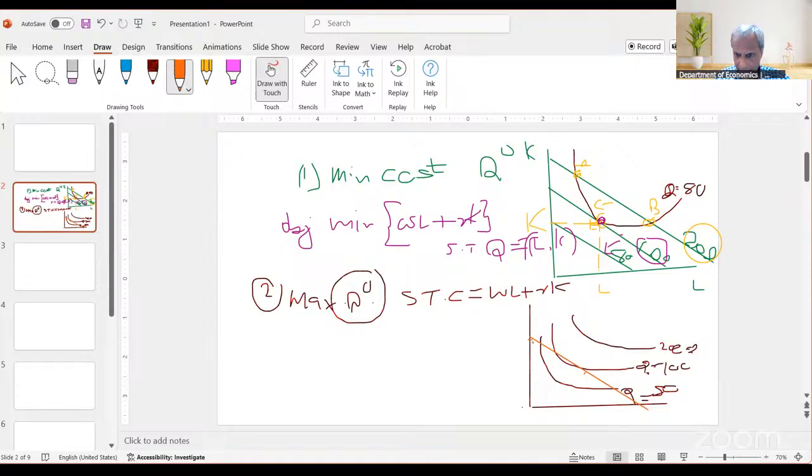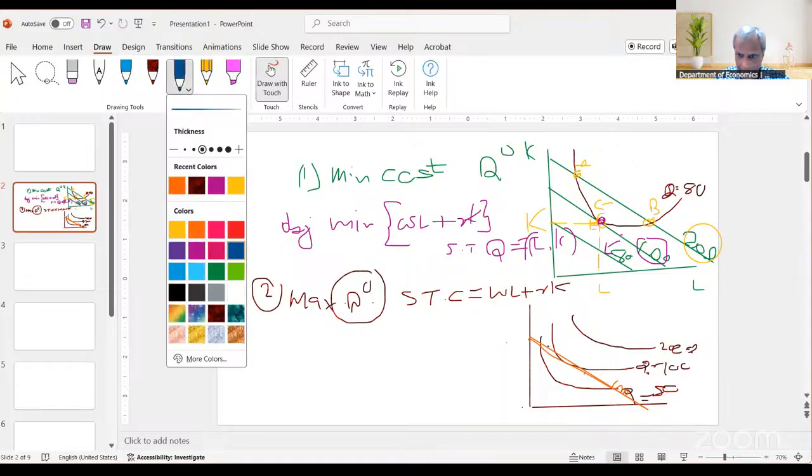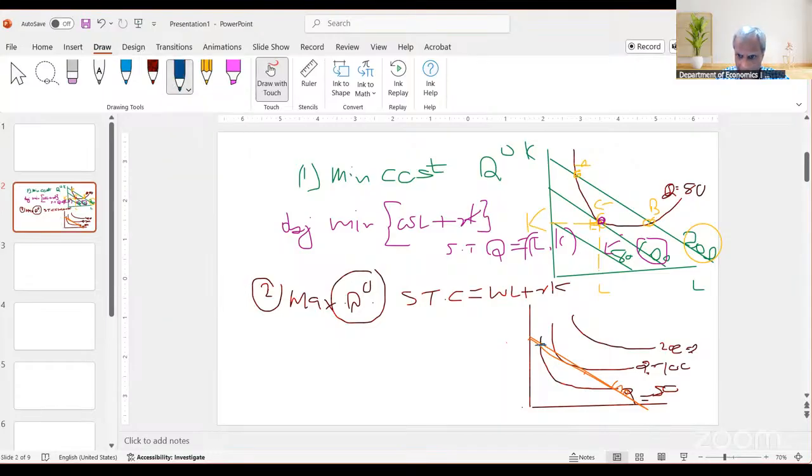Now let's say a $100 isocost curve, the amount of the budget is $100. So with the $100, they can produce less than 100, which means even 80, for example, here and here, whatever.